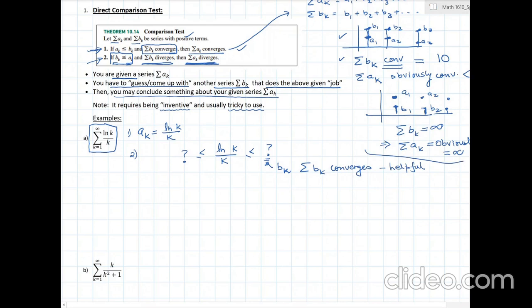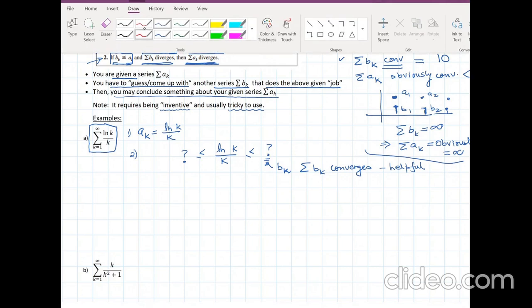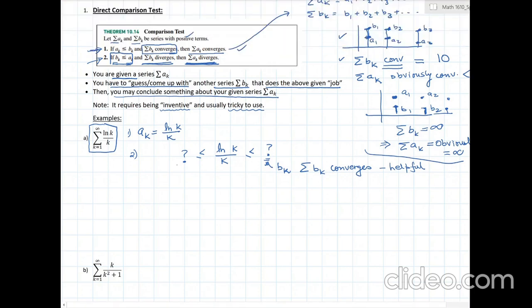On the other hand, if I come up with something on this side, some bk on this side, then it must be such that the series bk, so if I add up these bk's, this guy should diverge.